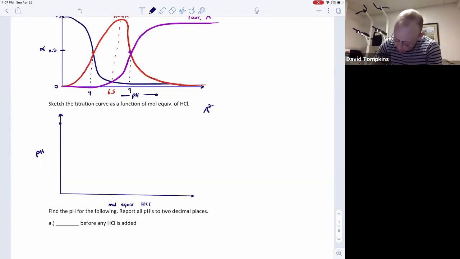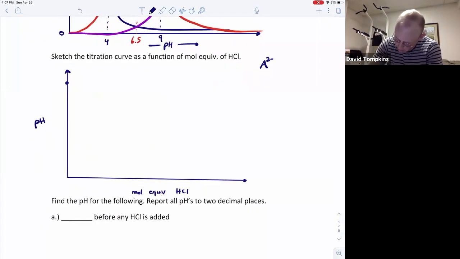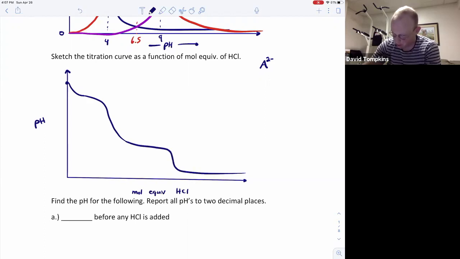And it will decrease to a buffer region where it flattens out. That will reach an equivalence point, another buffer region, another equivalence point. So here, the equivalence points, recall, are when we have the inflection or the steepest part of the curve.